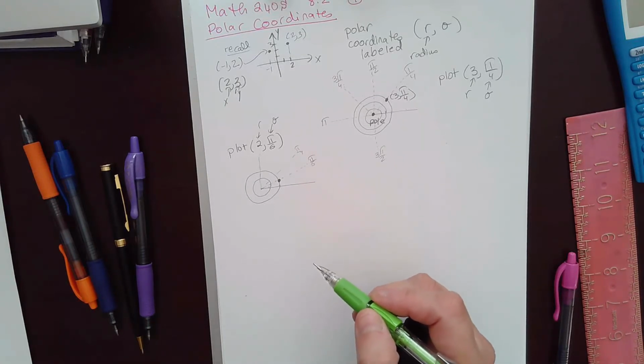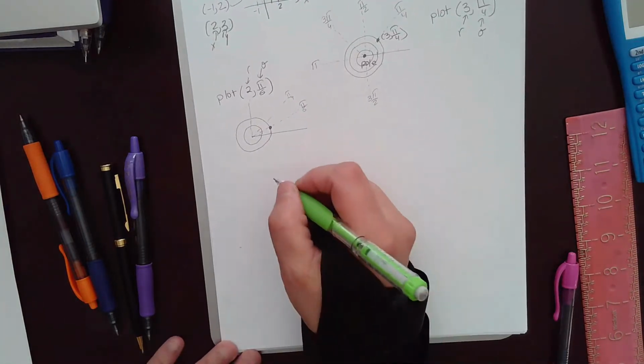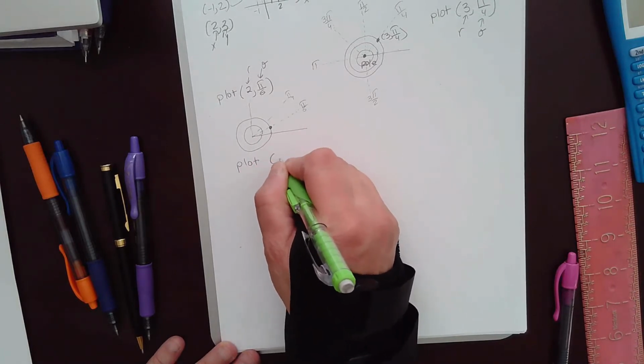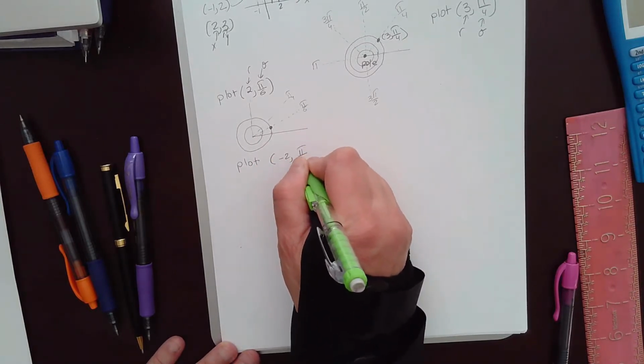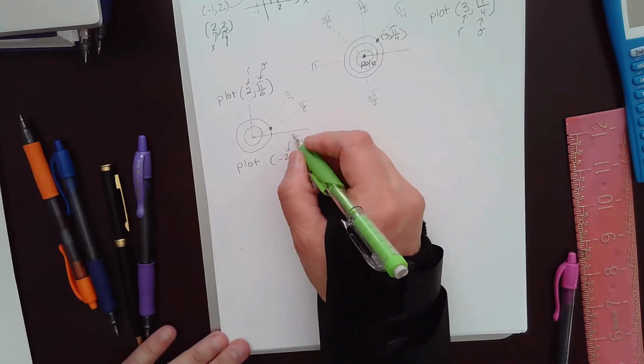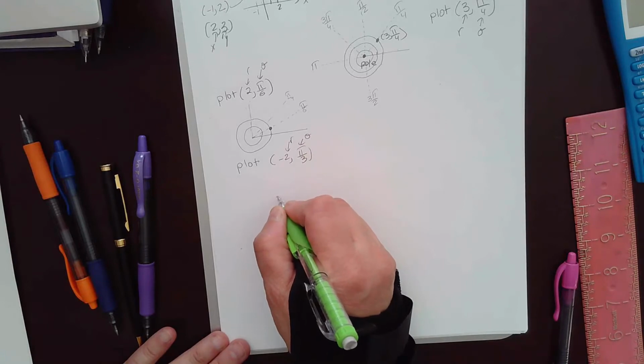So let's go ahead and plot some more points in here. So let's plot now (-2, pi over 3). Now the radius is negative. So how do we plot that? Well, let's take a look. Here is your pole.